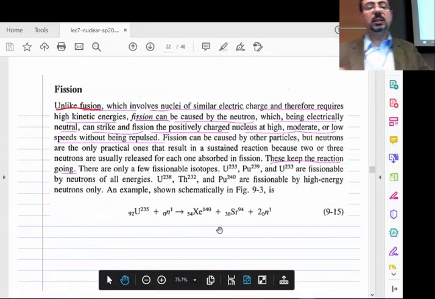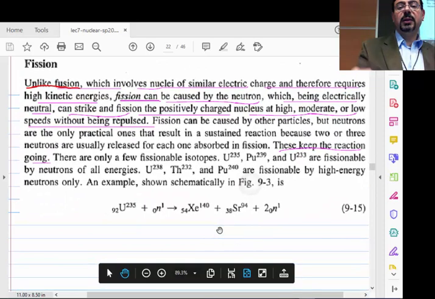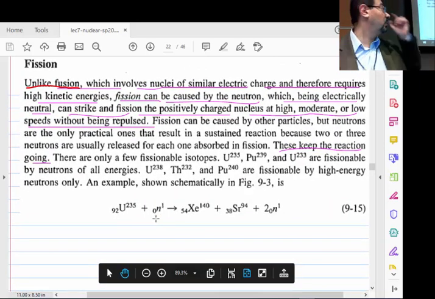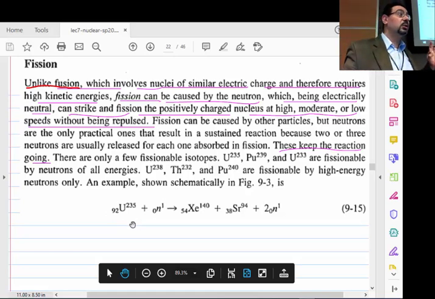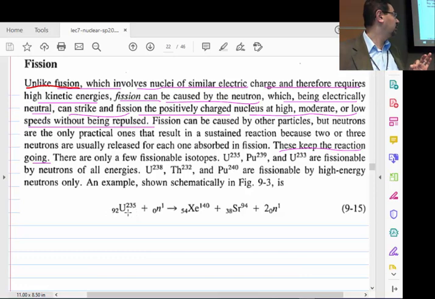So fission is easy to do, right? Because that's what's happening. You shoot 0N1. What's 0N1? Neutron. 0 charge, 1 mass. So you hit the good uranium 235. Unfortunately, there's very little of it in nature. There are other species that can be hit too: plutonium 239 and uranium 233, which is also rare.